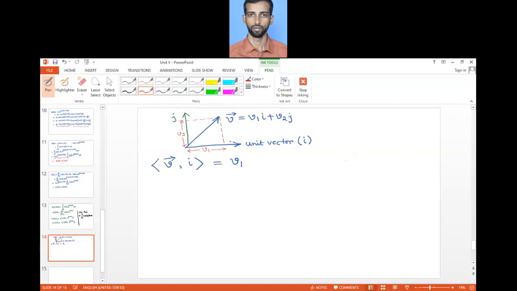The unit vectors are I and j in the x and y direction respectively, since we are dealing with a two-dimensional vector.